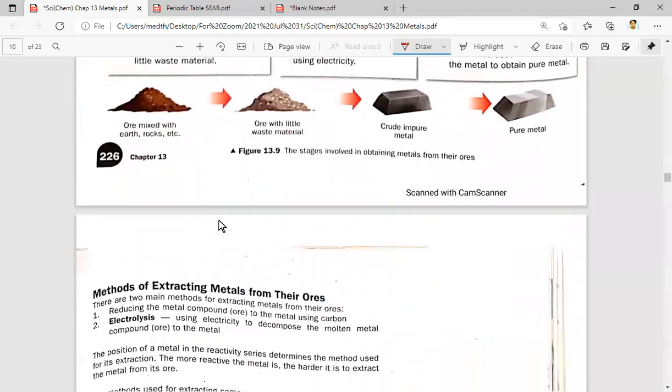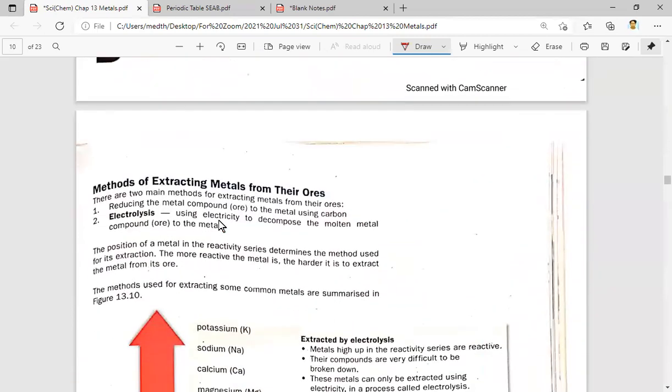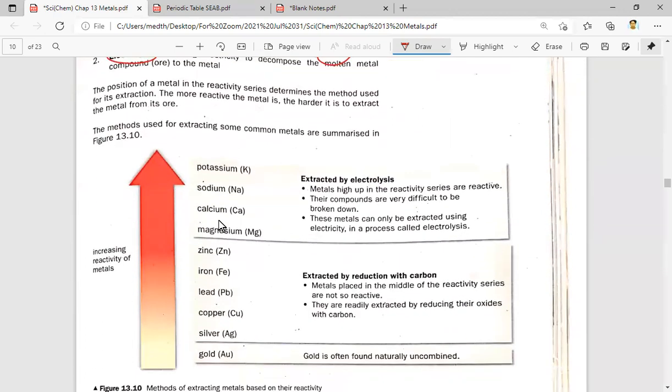Now, there are two main methods of extracting metals from their ore. The first one is using carbon. The second one is using electrolysis. So how do we know when we should be using the methods? Very simple. Anything above magnesium, so the first four elements, is extracted using electrolysis.